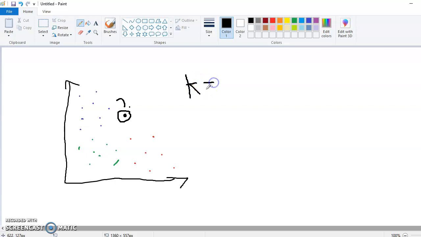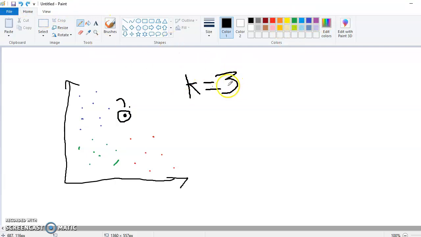So let's say we would assign K equal to 3. So what we're going to do is we pick the 3 closest data points to this dot right here, and let's say all 3 of these data points are the closest to blue, right? So that would mean our dot right there is going to be classified as blue.